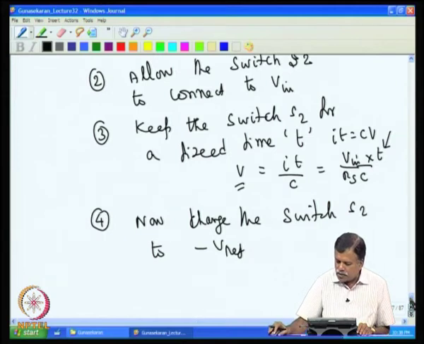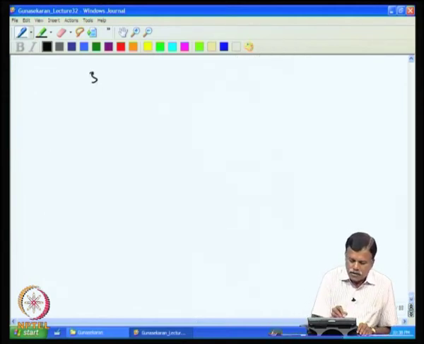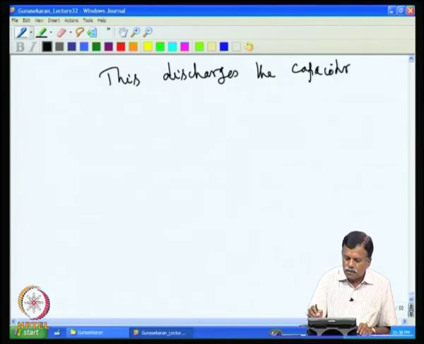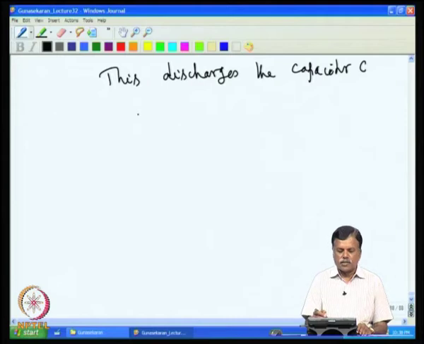This discharges the capacitor C. How much time does it take to discharge?